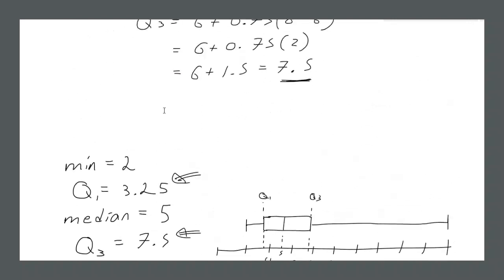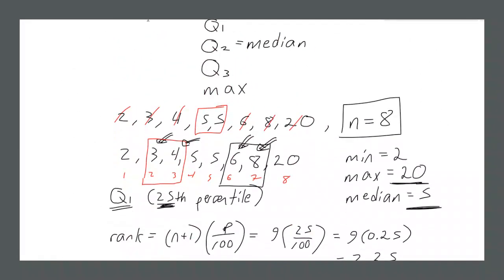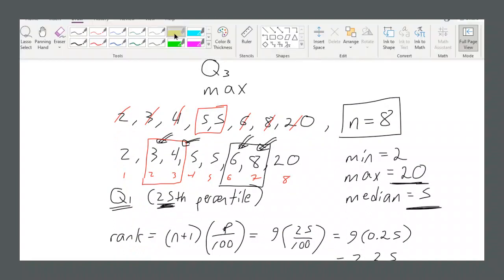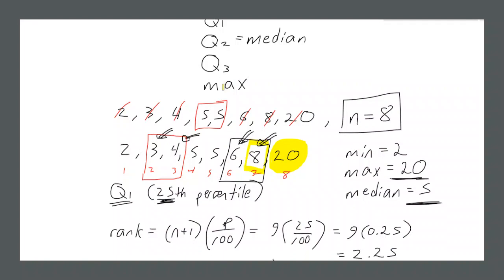Now, if we look at our data, we actually do have one value above 13.9, and that's the 20. Okay, so that 20 is an outlier, which means we have to change the box plot. If you have an outlier, you put that outlier as a dot, and the whisker extends to the next largest number, which is an 8 in our case.